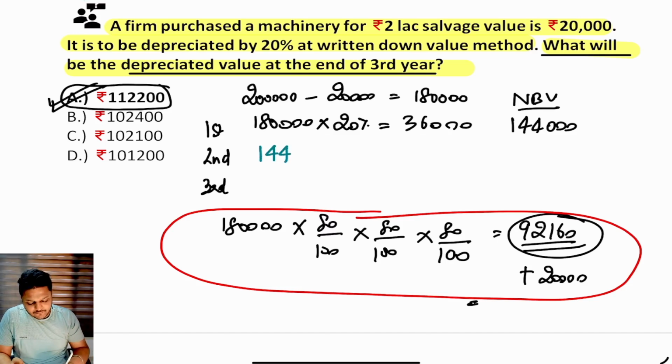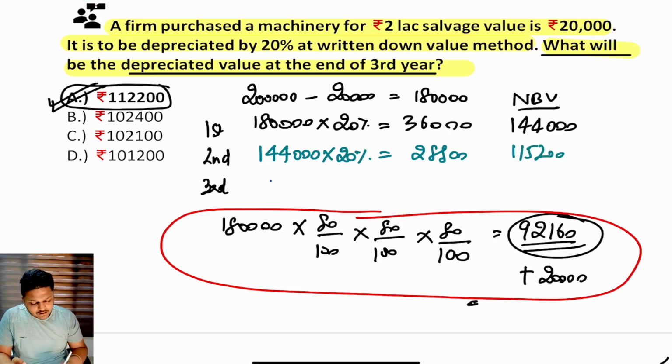So it is 1,44,000 multiplied by 20%. If we multiply by 20%, what will be the answer? It is 28,800. So it is 1,44,000 minus 28,800, that is 1,15,200.